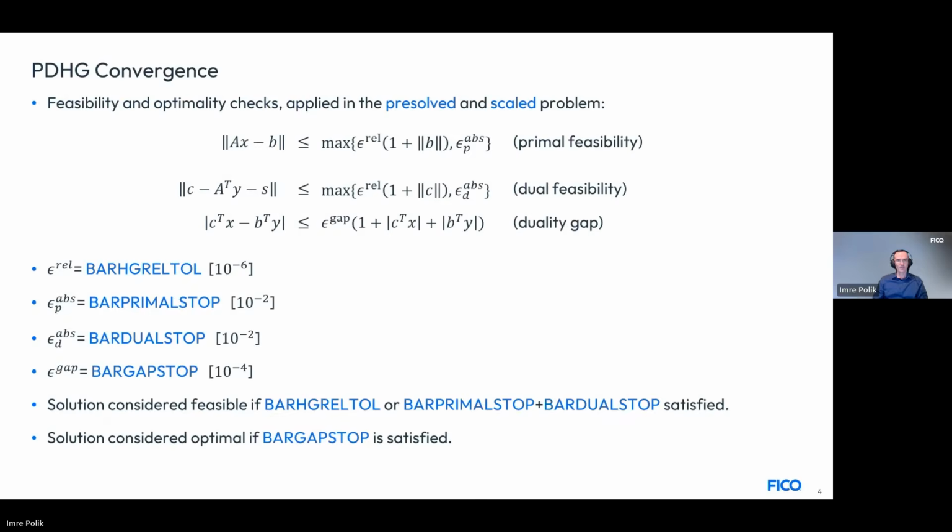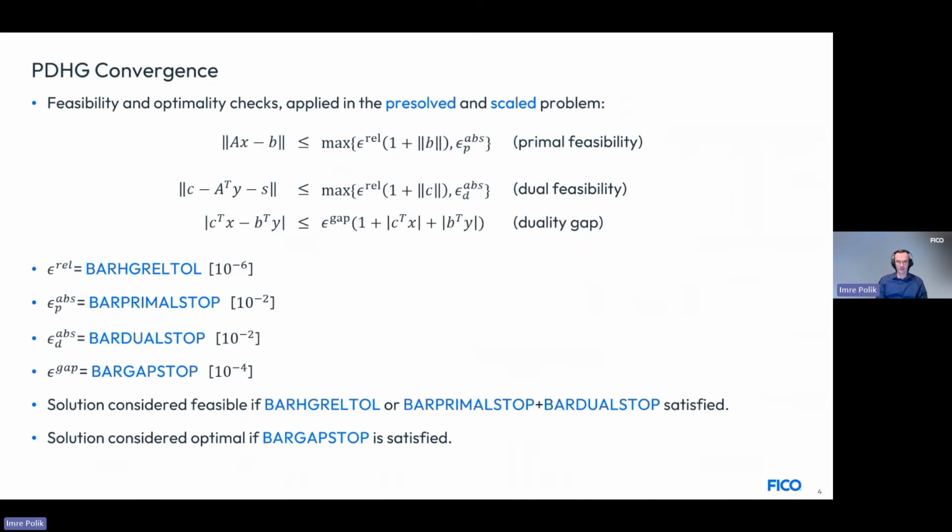So as you can imagine, with a method that's somewhat challenging to converge, there's a whole bunch of convergence criteria. These are the three things we are checking. We are checking the primal error, we are checking the dual infeasibility, and we are also checking the complementarity, the duality gap, the difference between the primal and dual objective values.